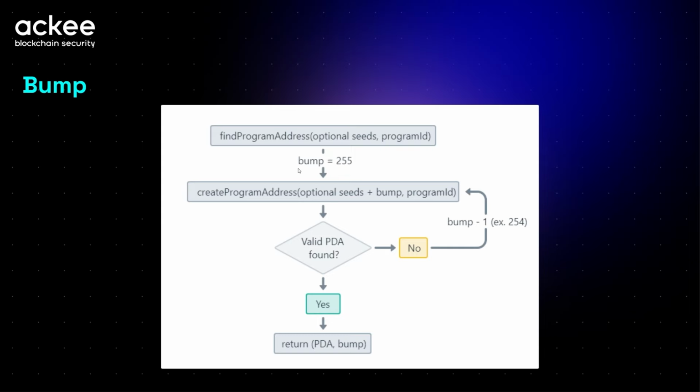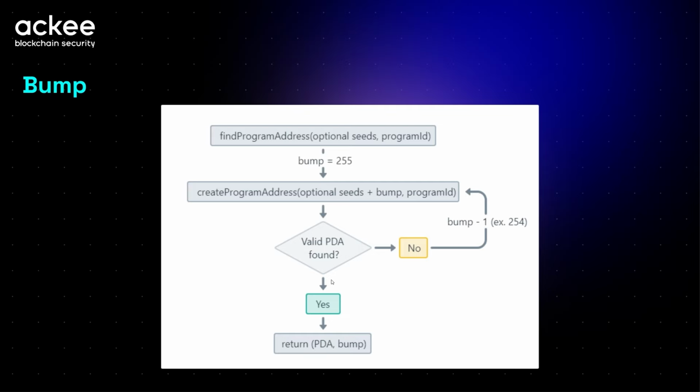Then you have the bump, which starts from 255, and you take this bump and call the second function, create program address, which uses the optional seeds with the bump and also the program ID. This create program address actually uses the seeds, the program ID, and the bump, and creates the address from these values.